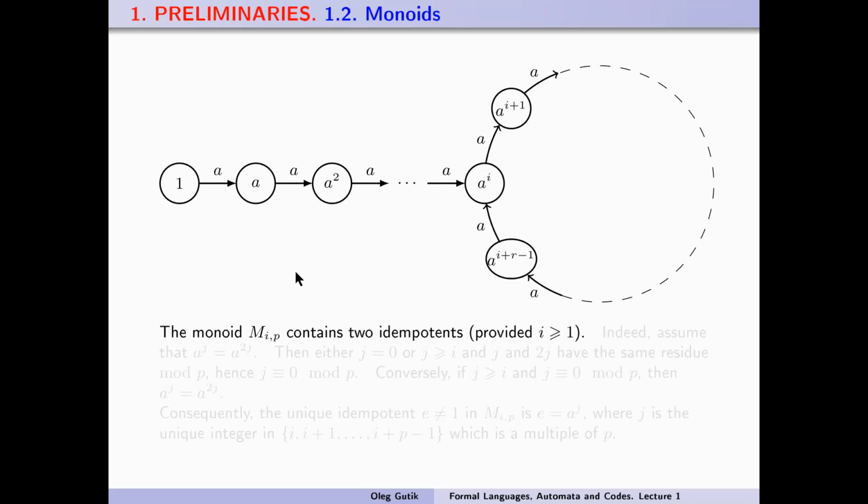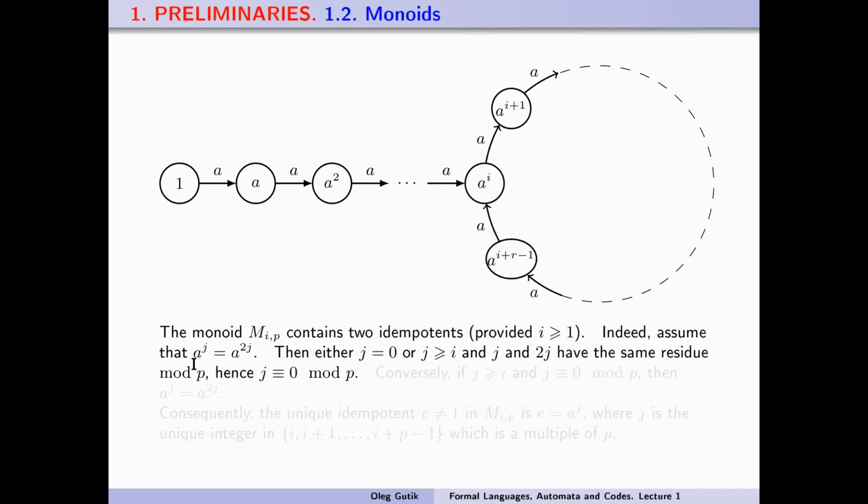We claim that the monoid M i,p contains two idempotents in the case when i is greater than or equal to 1. Assume that a to the power j is equal to a to the power 2j. Then j is equal to 0 or j is greater than or equal to i, and j and 2j have the same residue modulo p. Hence j is congruent to 0 modulo p.